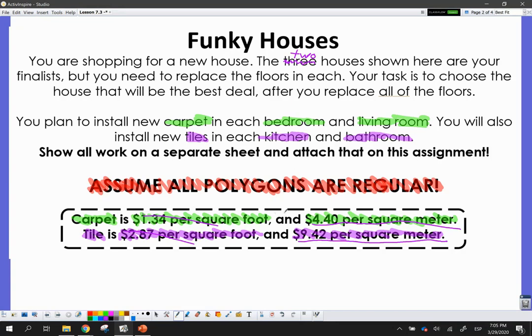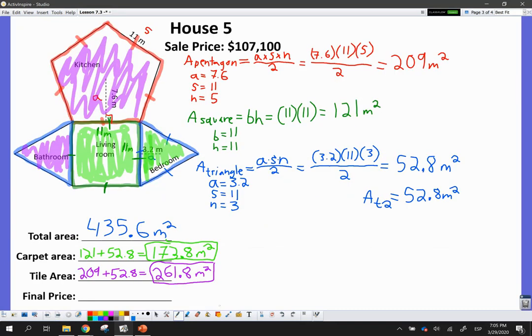So for carpet, it's going to cost us $4.40 per square meter. So let's start with that first. So I know that the area of carpet that I have is 173.8. And I'll write carpet up here.